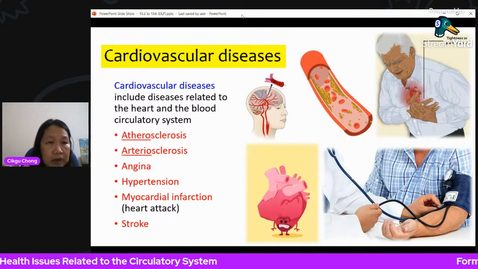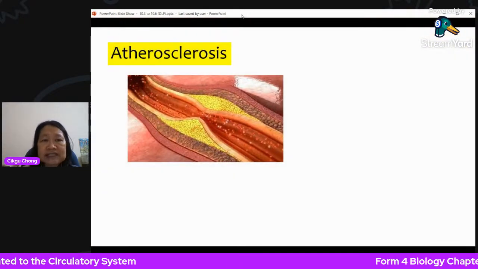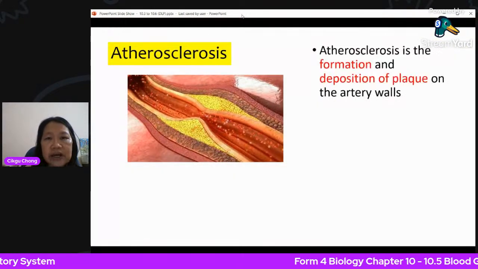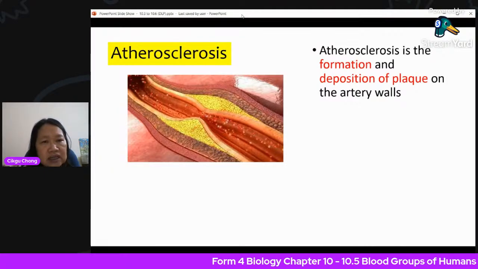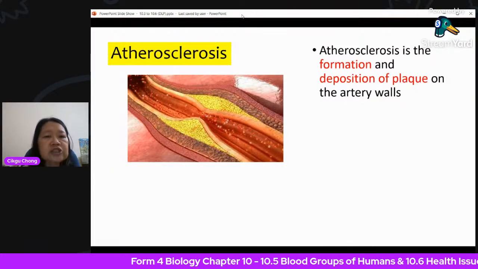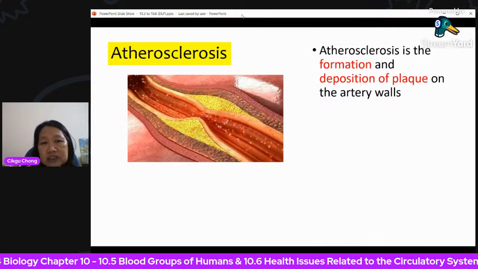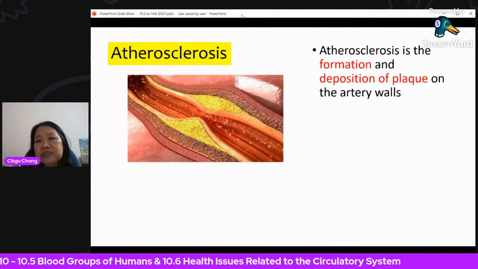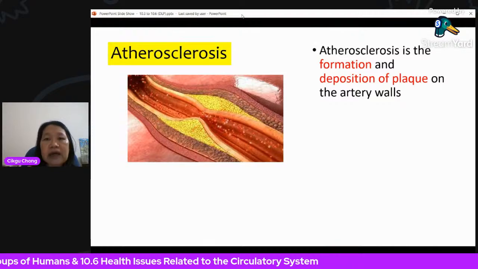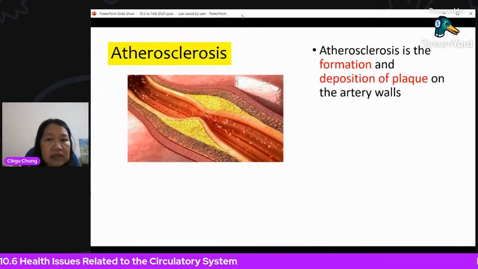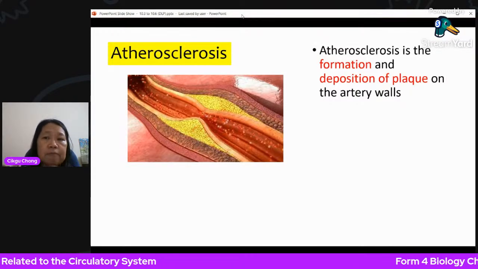So I'm going to explain one by one here. What is atherosclerosis? You can see here, this is a cross section, or longitudinal section, of the blood vessel. This is the artery, or one of the arteries. So atherosclerosis basically means the formation and deposition of a plaque.